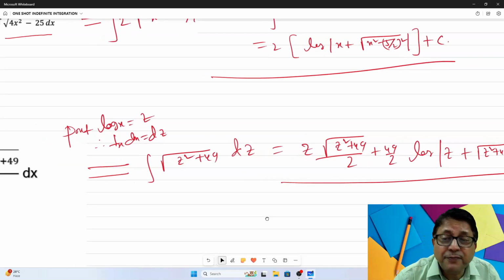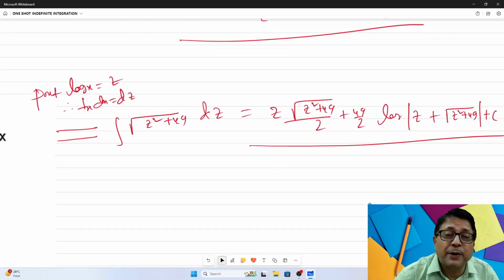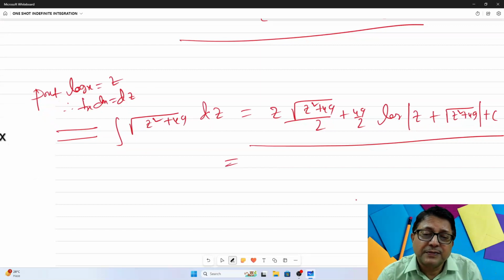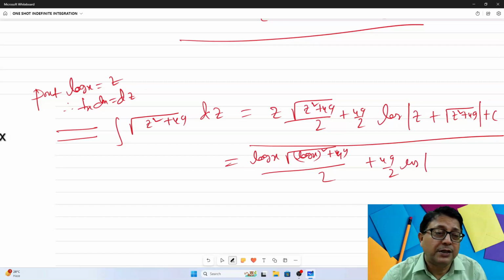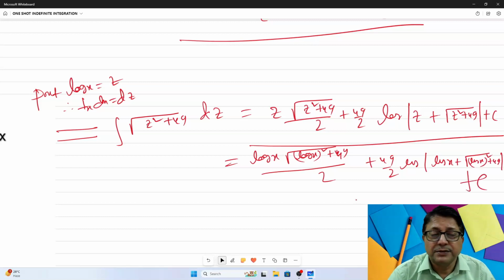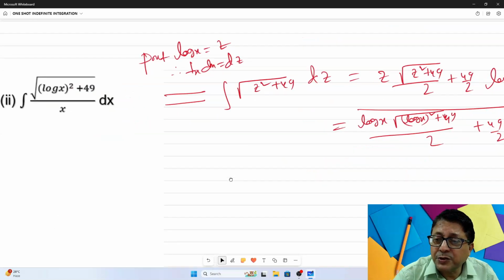And never forget to replace z by log x. So log x root over log x whole square plus 49 by 2, plus 49 by 2 log of log x plus root over log x whole square plus 49, plus c. Okay, understood?